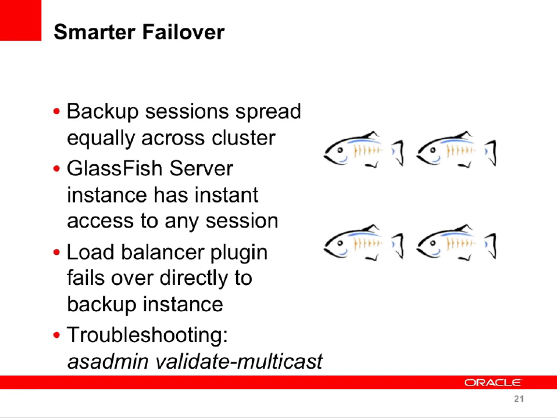For example, our load balancer plugin immediately takes advantage of this information. When a user connects to the load balancer to get to their session, and the load balancer recognizes that a node has failed, it can immediately fail over to the instance that contains the backed up session data. I'll show you that in detail in a second.